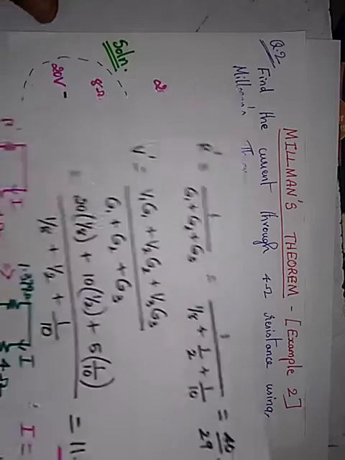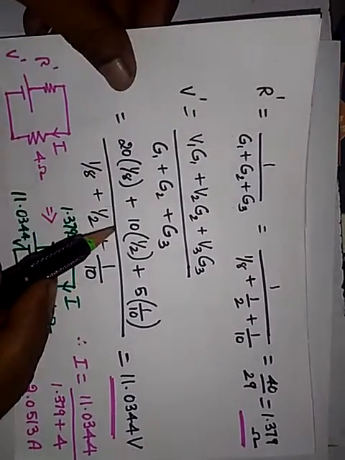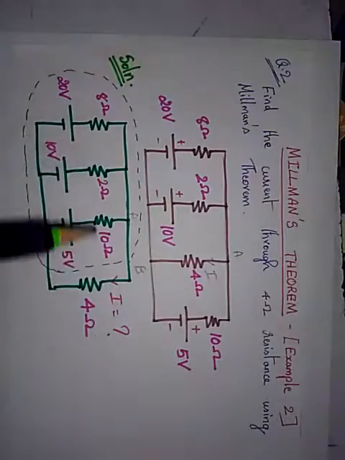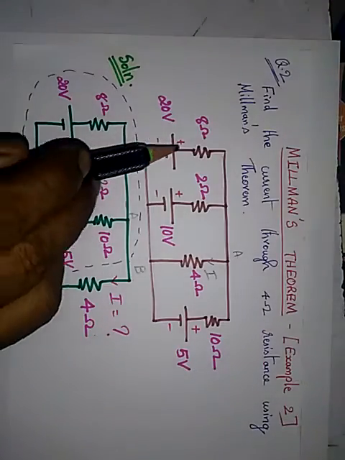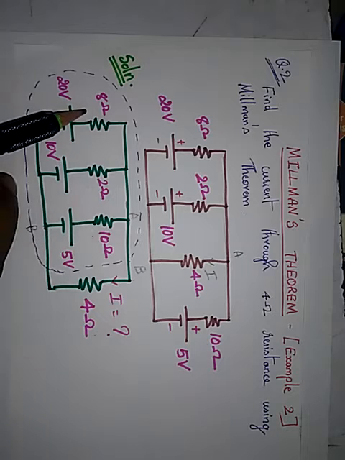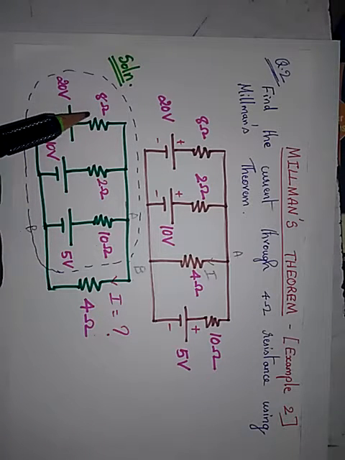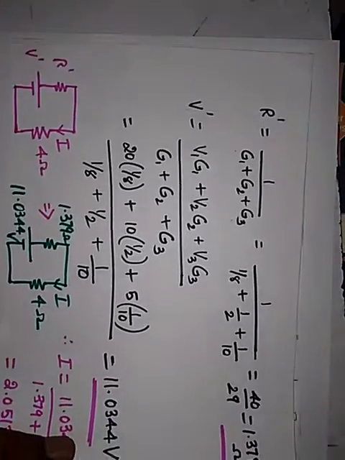Now coming to V dash, V1 is 20, V2 is 10 and V3 is 5. So we have written here 20, 10 and 5, and 8 ohms, 2 ohms and 10 ohms. So if you want to find G, G1 is 1 by 8, G2 1 by 2 and G3 1 by 10.